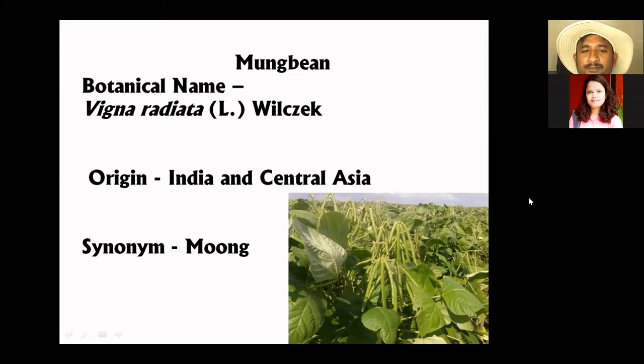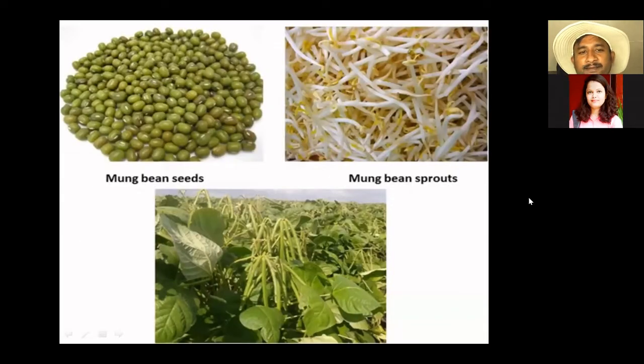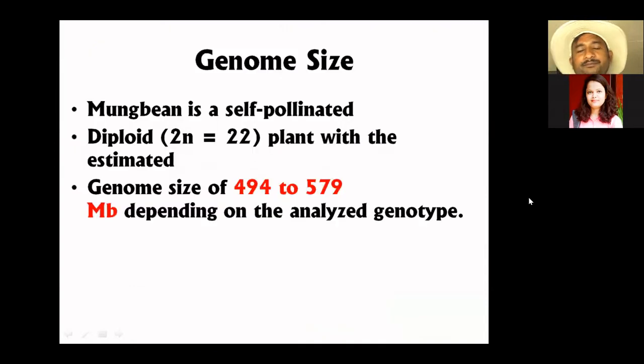The synonym is mung, and other parts of the country have their local names for this. Basically, we use mung bean seeds as whole grain, or for sprouts, or as split dals, either dehusked or husked, as per the preparation of many food items.